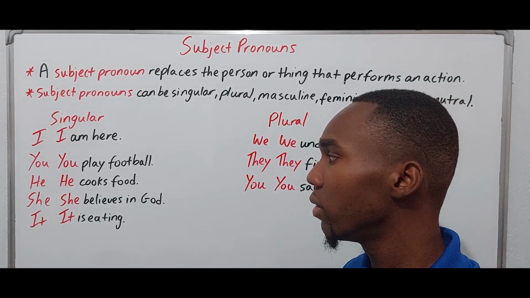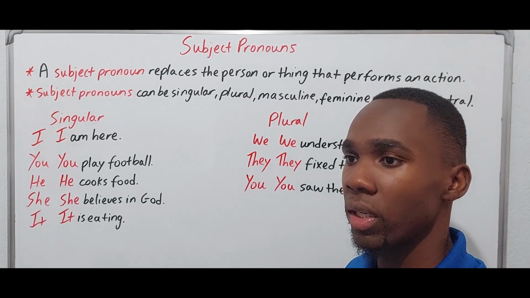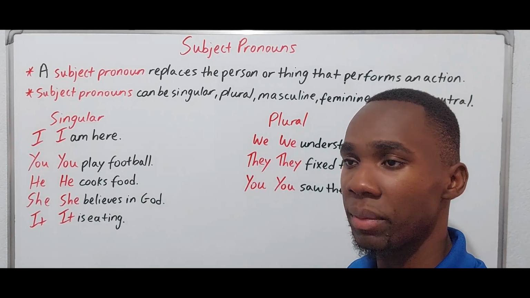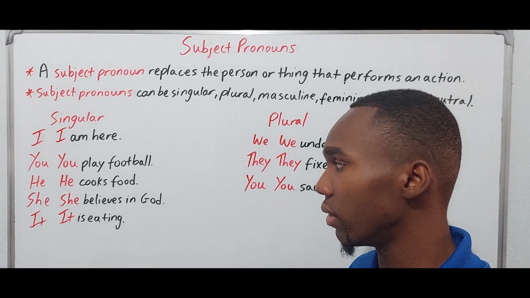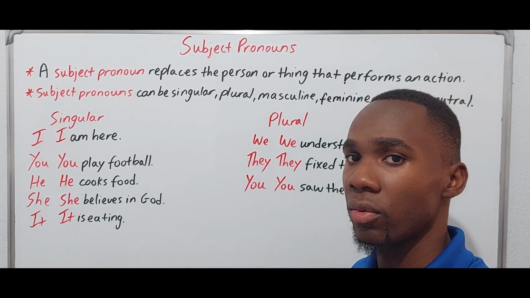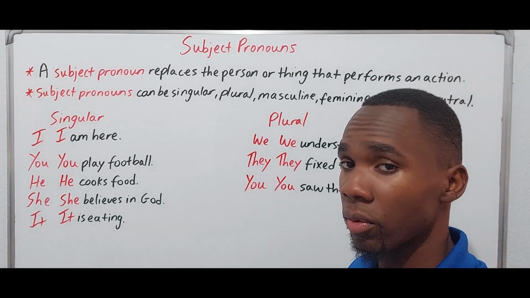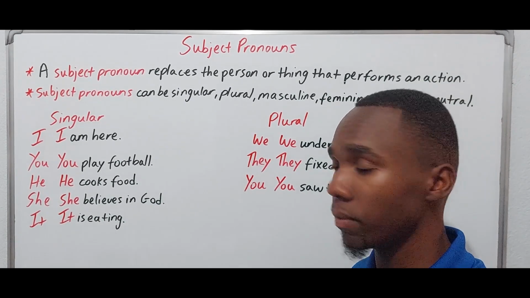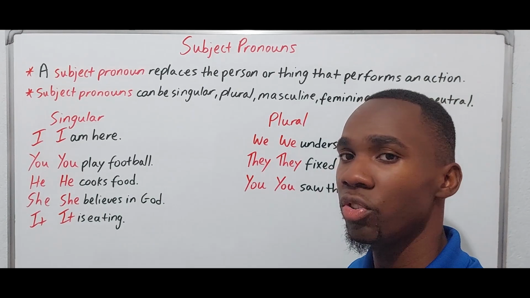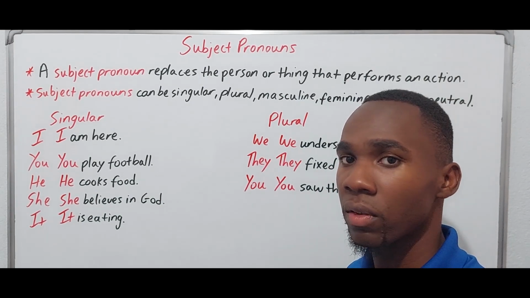She believes in God, same thing. She could have replaced any female, right? Susan, for example. Susan believes in God. If you want to replace Susan with an appropriate pronoun, we would say she believes in God. It is eaten. It usually would refer to animals, right?